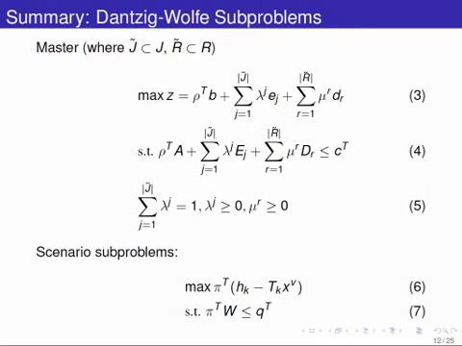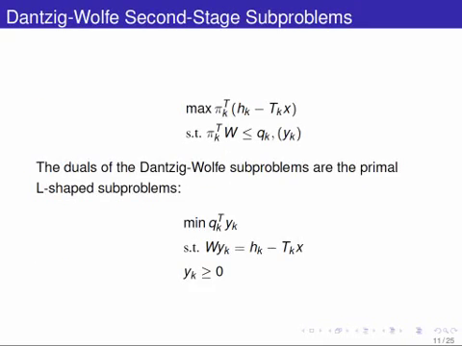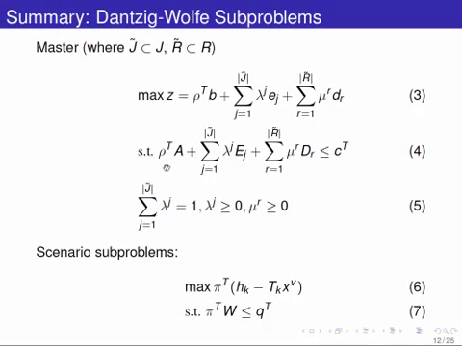So if we were going to apply the Dantzig-Wolfe algorithm to this problem, we would take the original master problem here, and the trick would be not to consider all the extreme points and extreme rays, but just a small subset, which I'm going to denote J tilde and R tilde. So that's what you just saw, it's exactly this LP here.